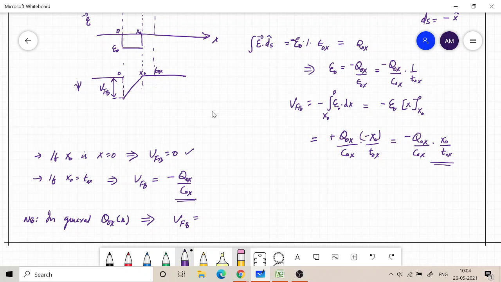So V flat is going to be equal to, we can write it in this way. If Qox is a function of x, then you need to write it as an integral.